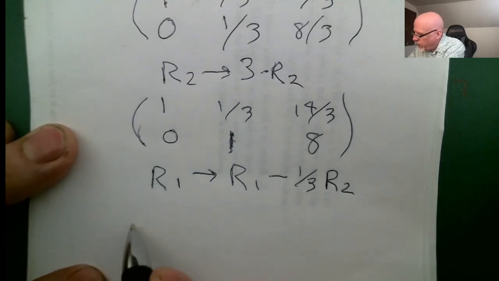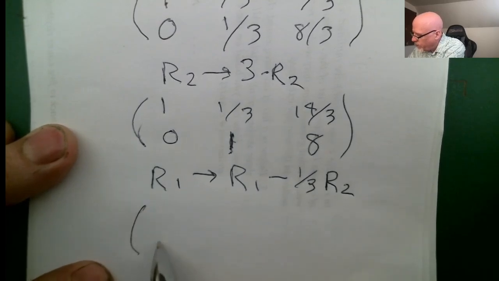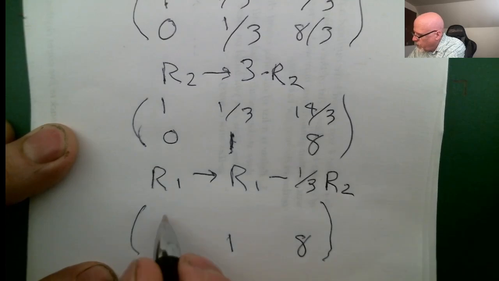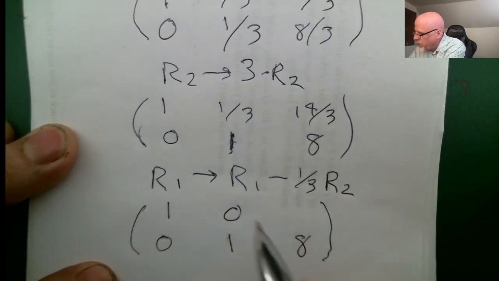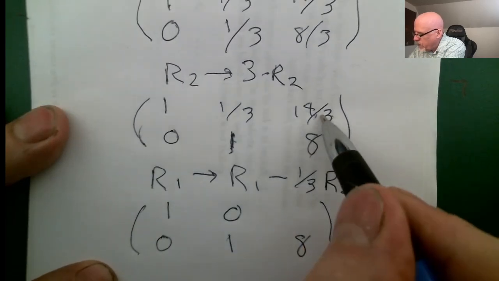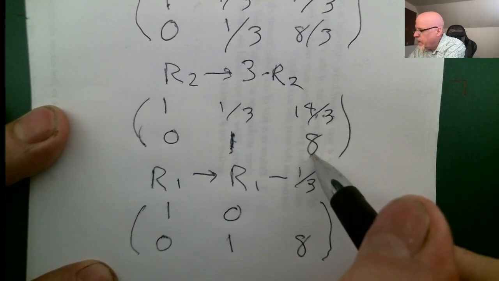And so if I do that, I've already sort of told you on the other screen what the output is going to be. We have row 2 unchanged. We know this is going to be a 1 and that is going to be a 0. So the big deal is what happens to here. We'll have 14 thirds minus 8 thirds.